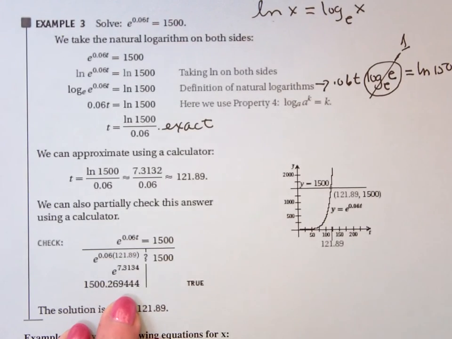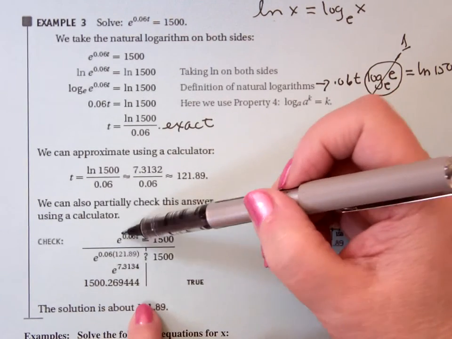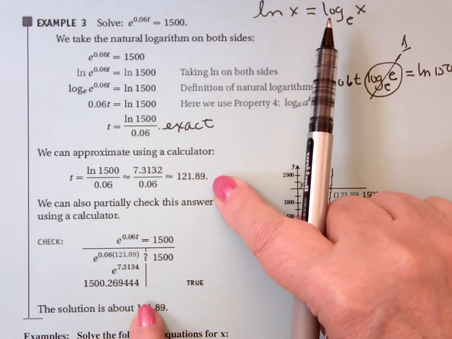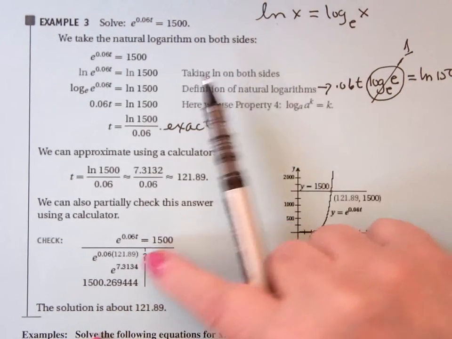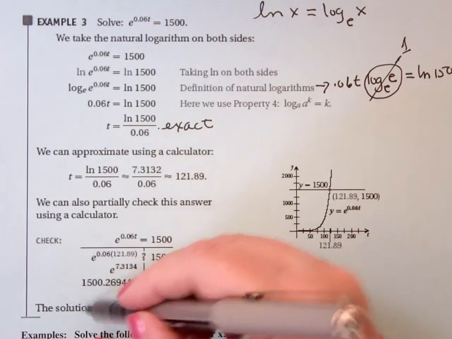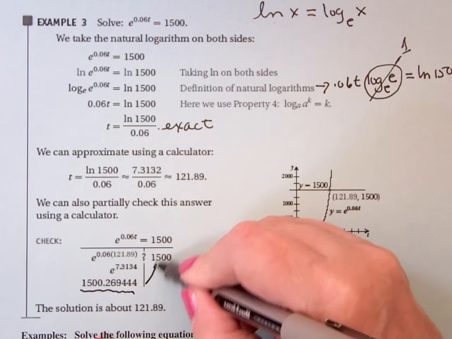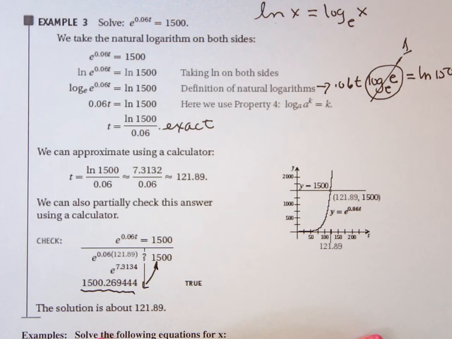Now what they did, and this is what's kind of interesting because of the rounding, when you try to do a check, they put in the answer that they got as an approximate answer in for t, and notice they came out with something larger than 1500, but we would say that's in Mr. Rogers' neighborhood of 1500. That's rounding.